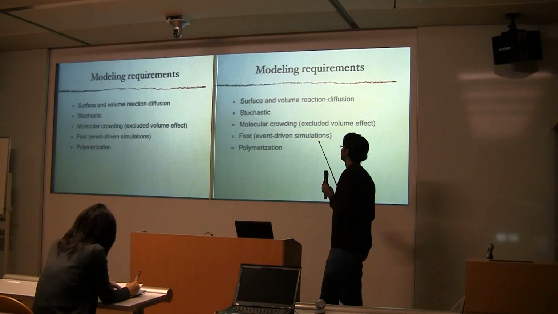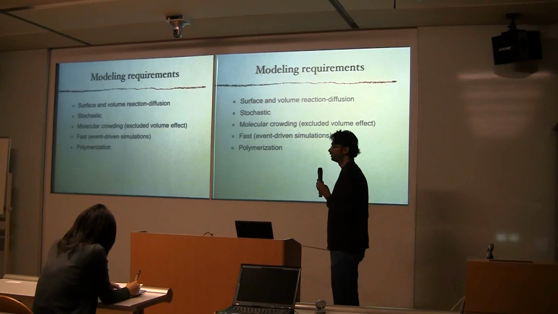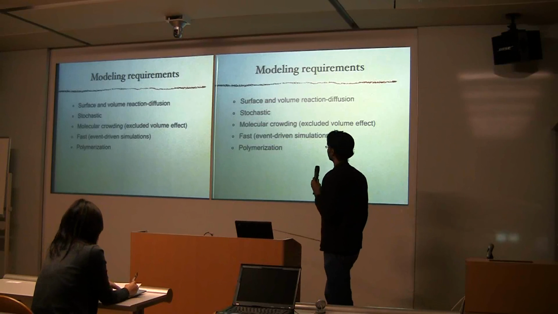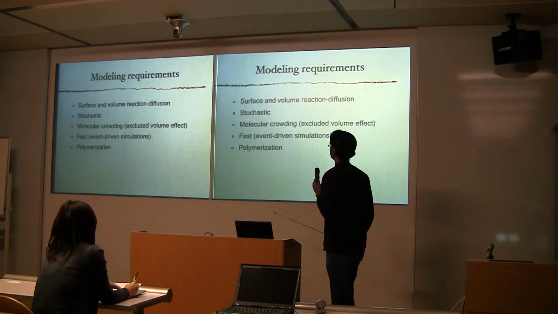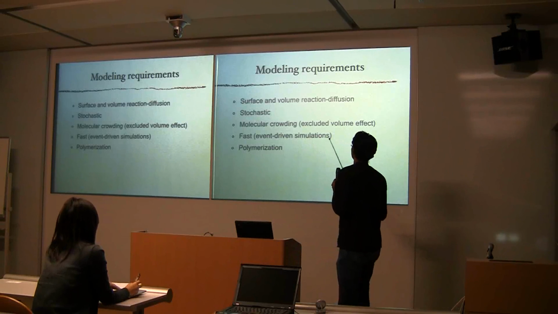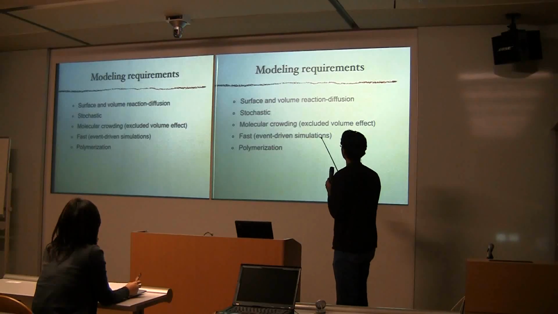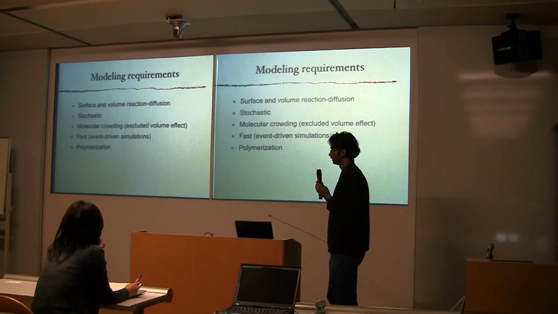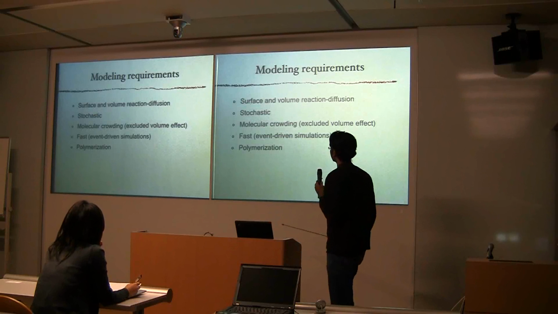And it also has to include molecular crowding because in vivo, as we know, there are a lot of macromolecules that produce a crowded condition in the cell. So this molecular crowding can also bring into effect excluded volume, which can change the reaction kinetics.